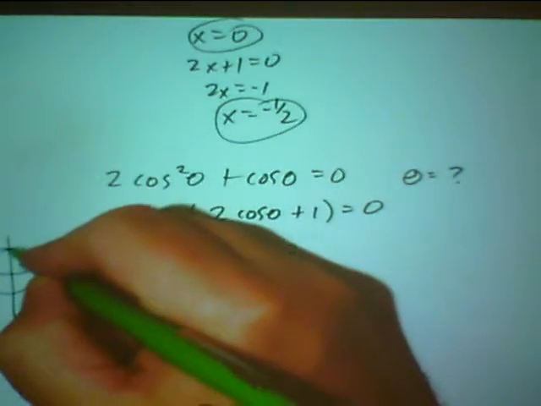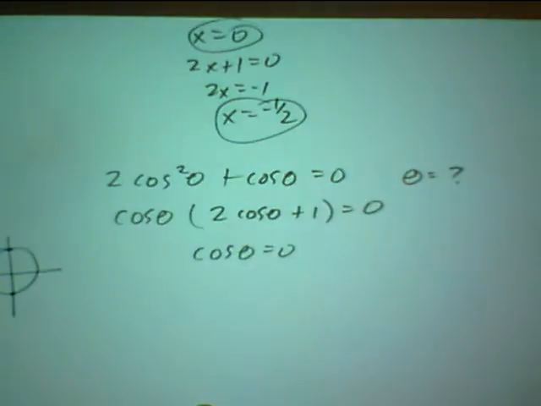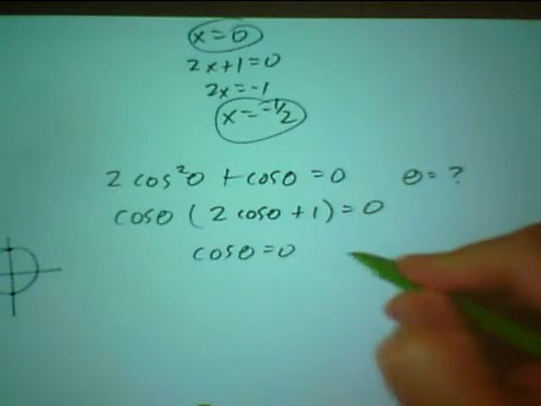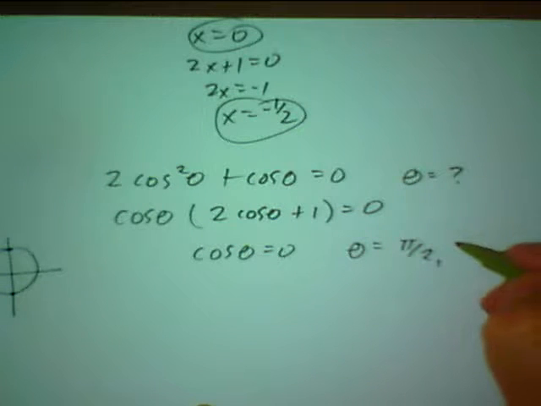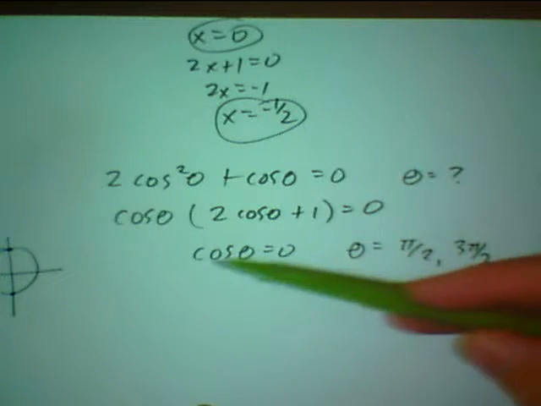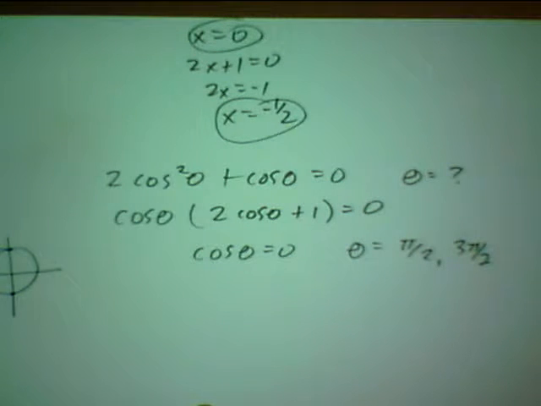Two places, right? At the top and the bottom. What are those angles? Pi over 2 and 3 pi over 2. So these are two solutions that come about as a result of the first part of this equation.